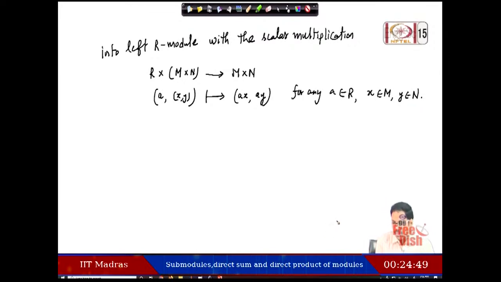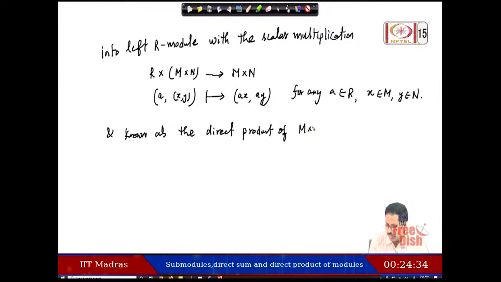By using this, M cross N satisfies all the conditions of a left R module and is known as the direct product of M and N, denoted by M cross N, with the usual meaning.